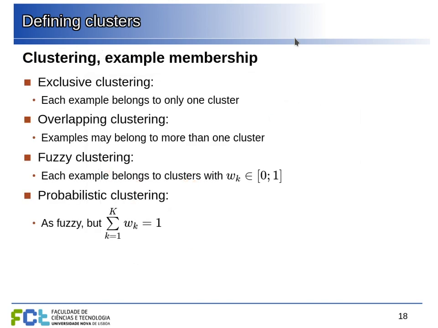Another thing that we need to decide when clustering is how to define the membership of each example. We can have exclusive clustering, where each example only belongs to one cluster, or we can have some forms of overlapping clustering, where examples may belong to more than one cluster.